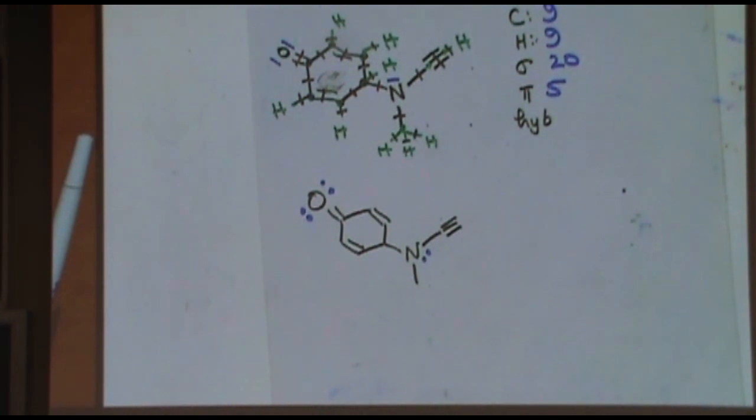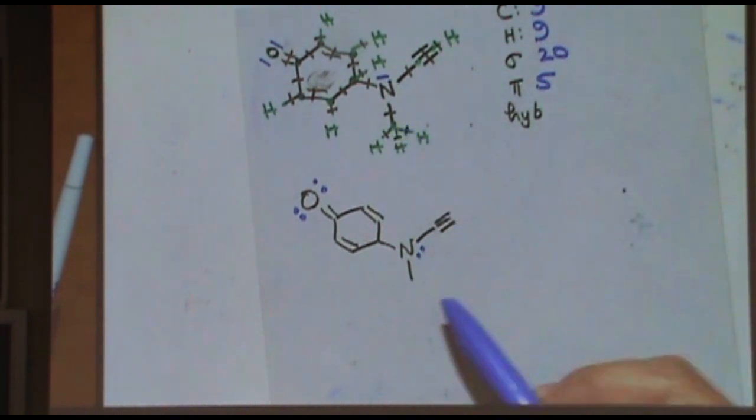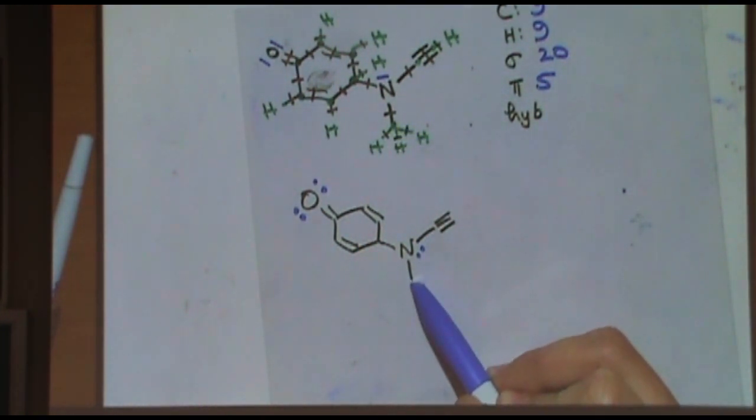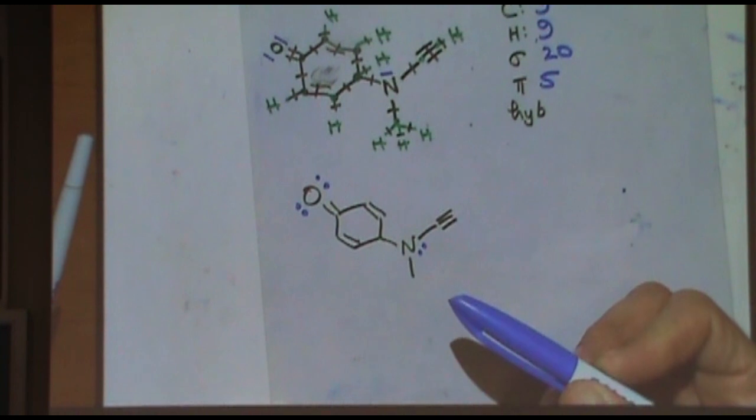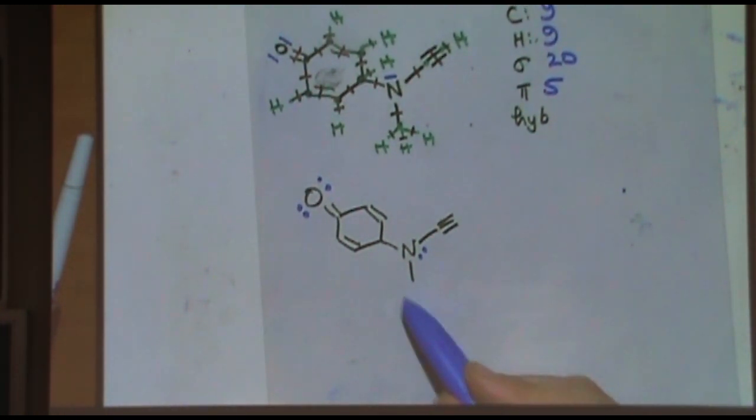How do you know that 3 hydrogens are attached? You mean not 3 hydrogens? This is a carbon here. This is a carbon here. How do you know 3 hydrogens are attached to a carbon? Because carbon always has 4 bonds. So if any bonds are not shown, it's a hydrogen.